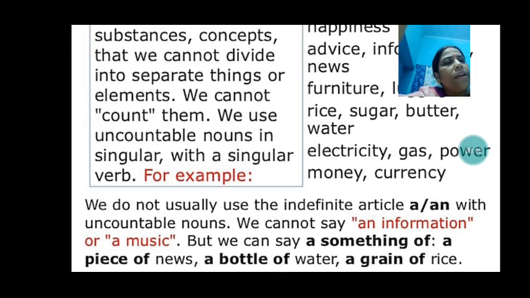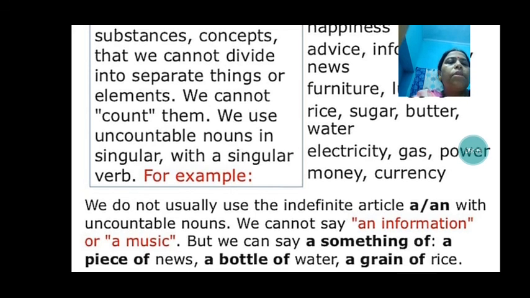Okay, but when we are taking that measuring word, we will see that measuring noun also in the next class. So we will learn about that. So a piece of news, a bottle of water, a grain of rice. Okay, like that we can count them. So we will do that in the next class about the measuring.